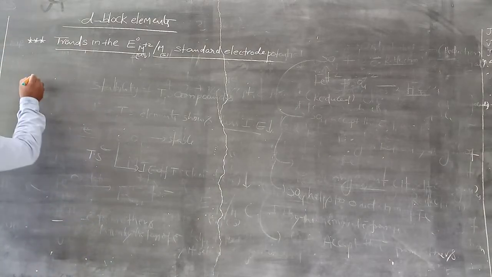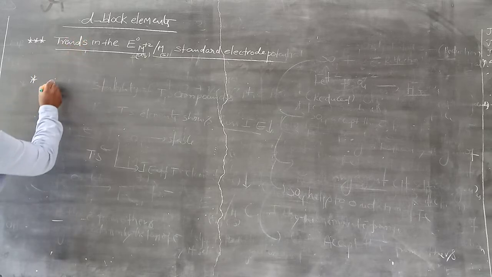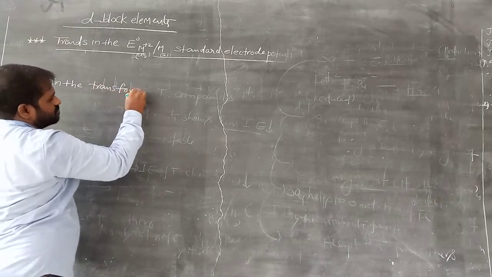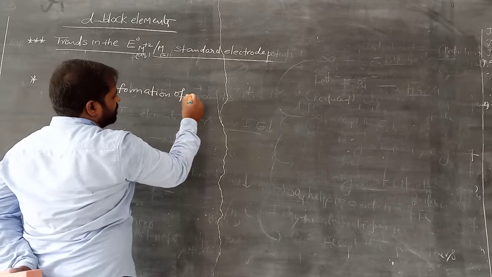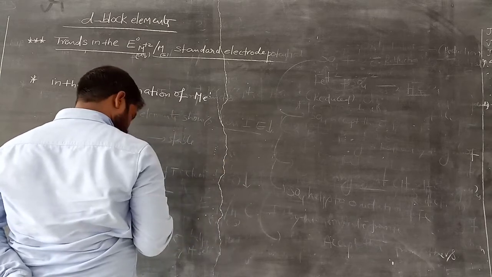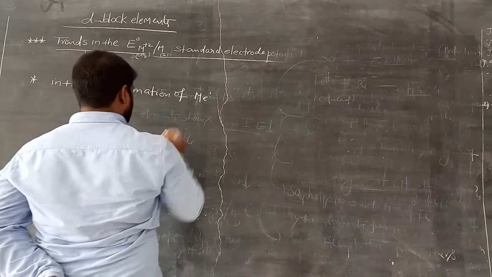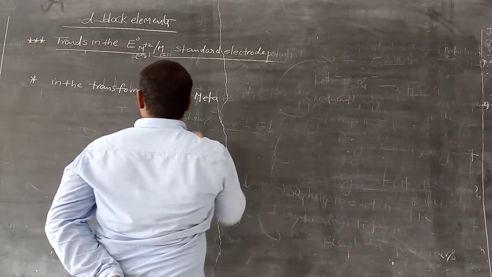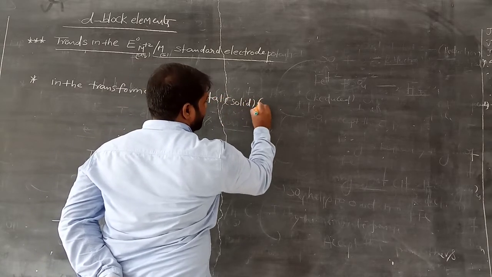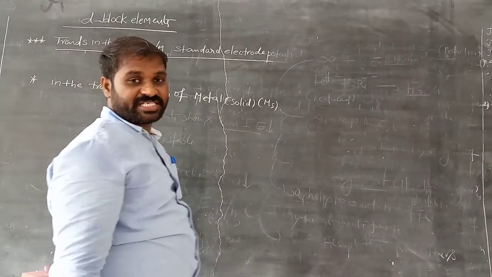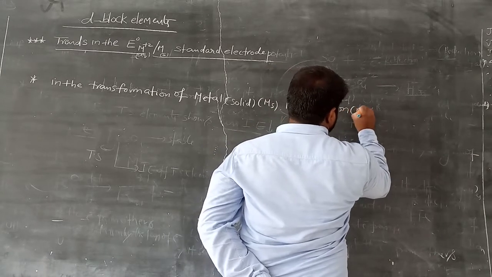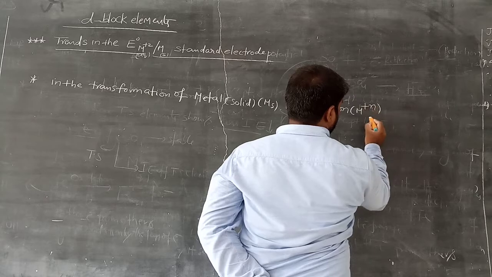So in the transformation of a metal which is solid, we can represent it as M(s), where s means solid state, the metal is in solid state, into an aqueous ion, that is M plus n aqueous.